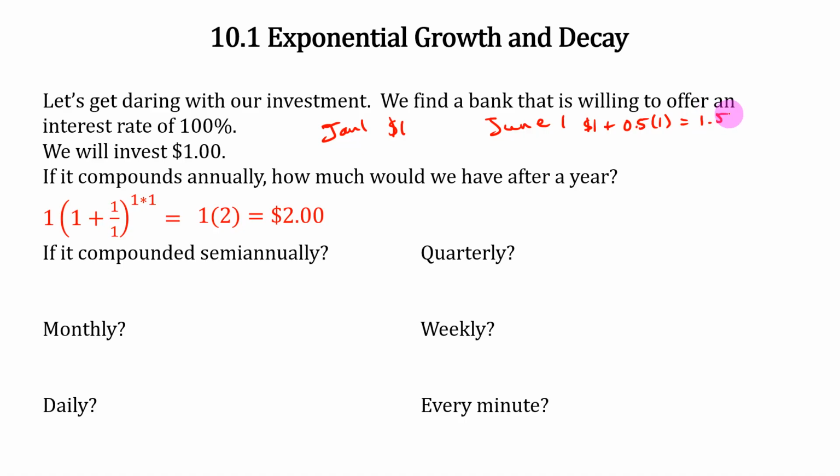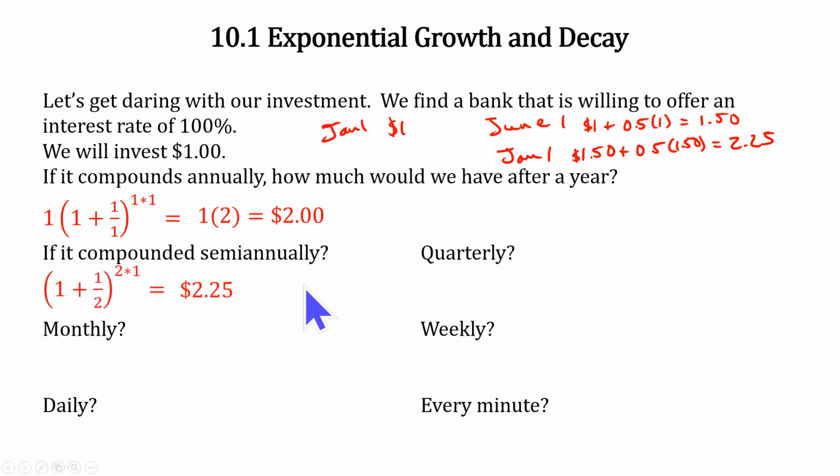So I'd get $1.50. January 1st of the next year, I'm taking this $1.50 and adding half of $1.50. So now I'm going to end up with $2.25. So if I compounded twice, I'm going to end up with $2.25.